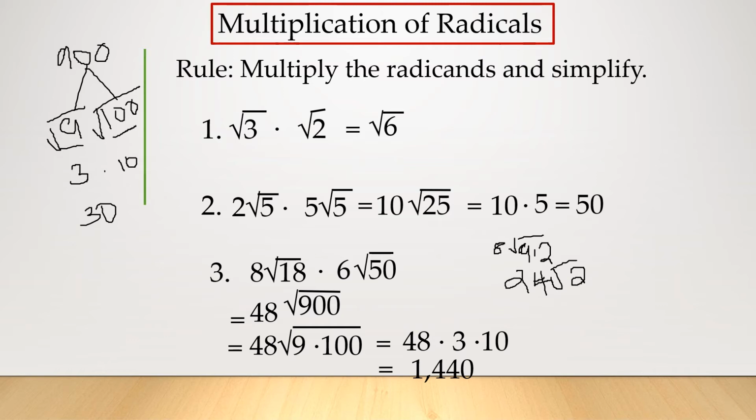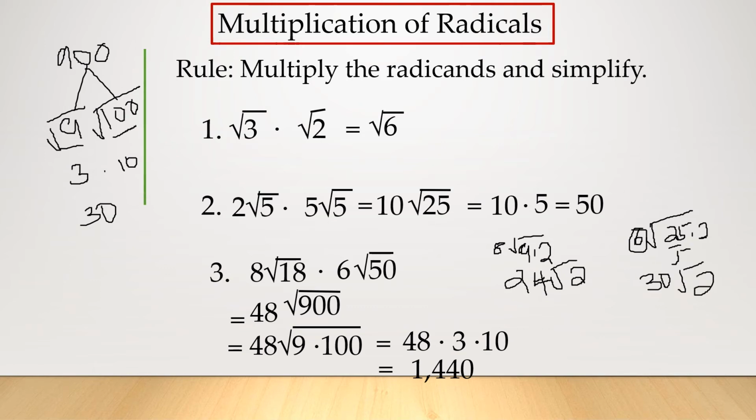And for 6 square root of 50, so 50 is what? Factors of 50, 25 times 2. 25 is a perfect square, so what is the square root of 25? 5. So that 5, I'm going to multiply that to 6 here, so that is 30. So what is left inside is square root of 2.